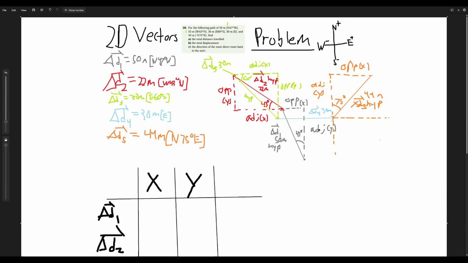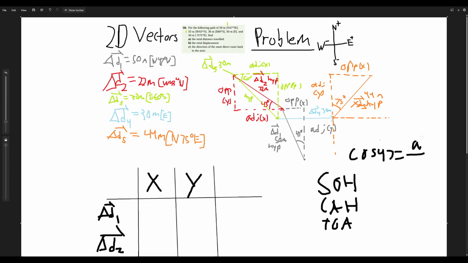So starting with displacement 1, if we want to find how much it moved up across the y-axis, we're going to have to find the adjacent of this right angle triangle. Our angle here is 47 degrees. Our hypotenuse is 50. So for this we can use SOHCAHTOA. To solve for the adjacent, we're going to use CA, or cosine. Cos 47 is equal to adjacent over 50.